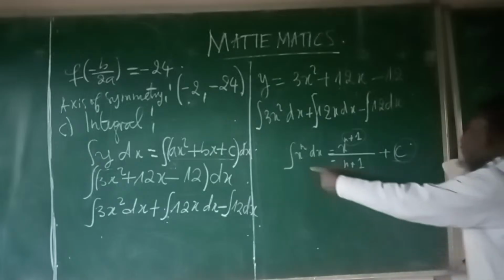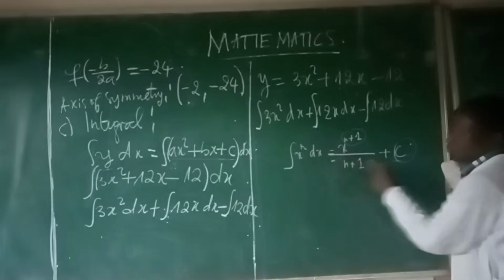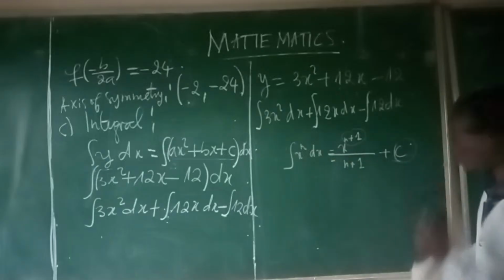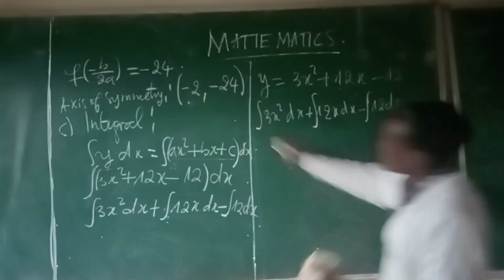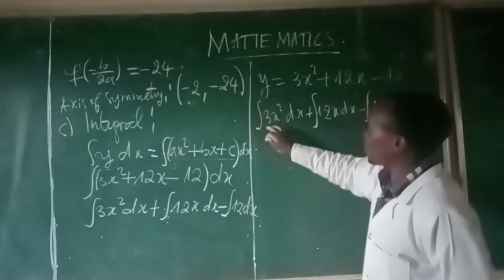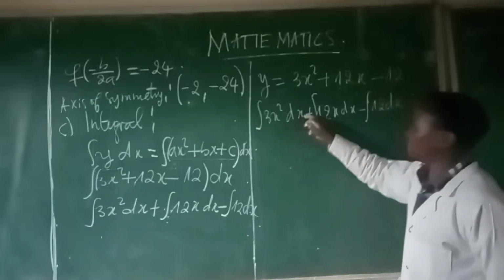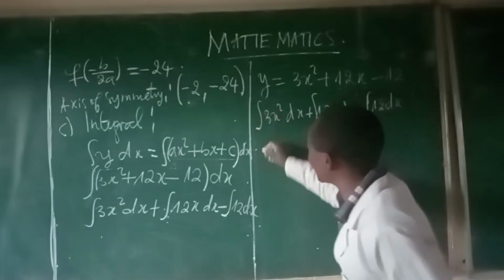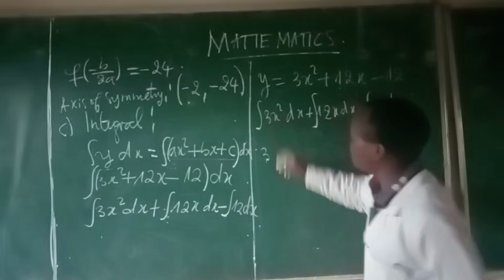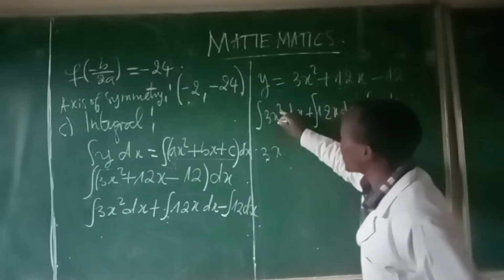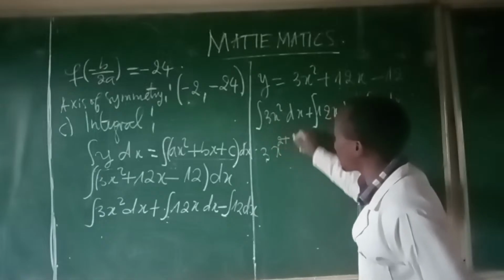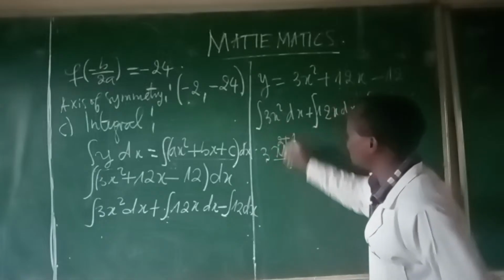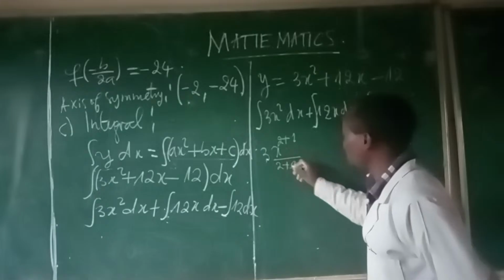I was showing you this general formula when we are integrating a given function. So now let's continue. About this question that we have here, it is integral of 3x squared dx. Its integral will be 3 times x power 2 plus 1 over 2 plus 1.